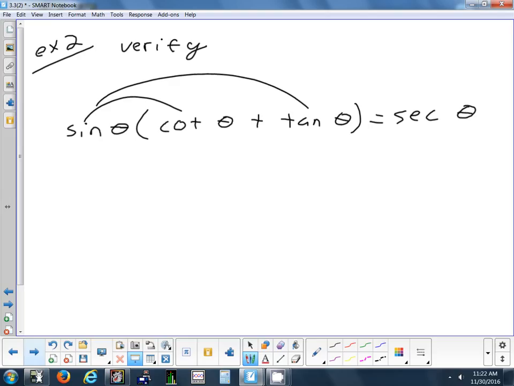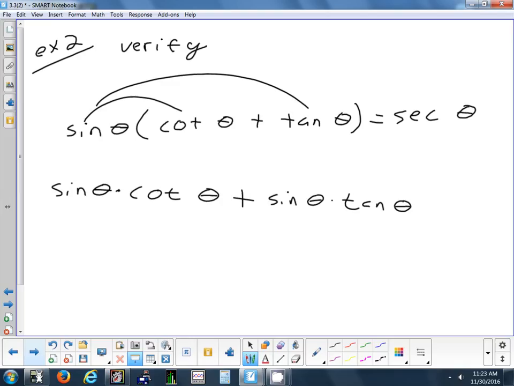Let's multiply sine out to what's inside, and for now, just multiply it out and don't do anything with it. So sine times cotangent plus sine times tangent. And it equals, I'm not going to keep copying the right side. Now I distributed.